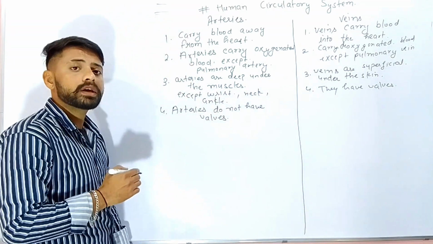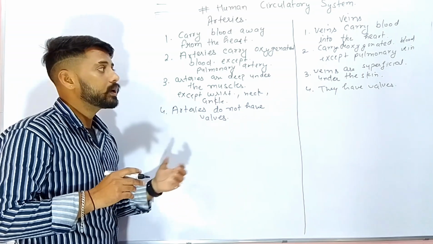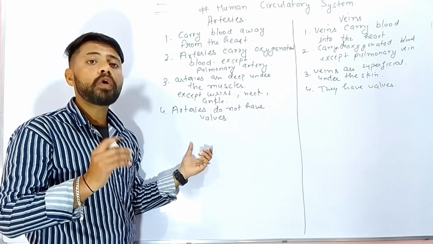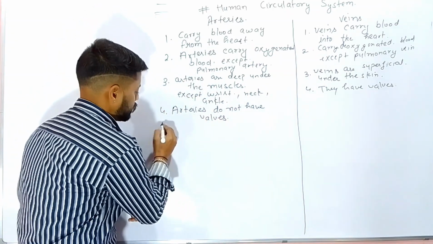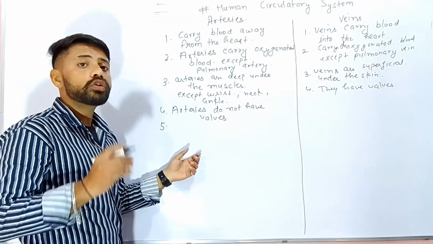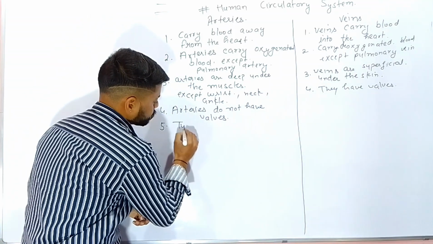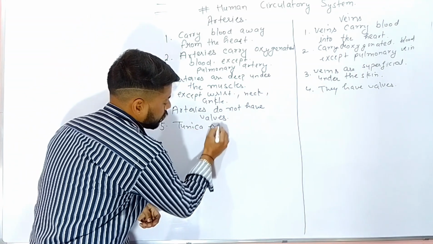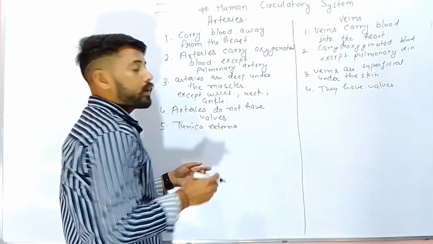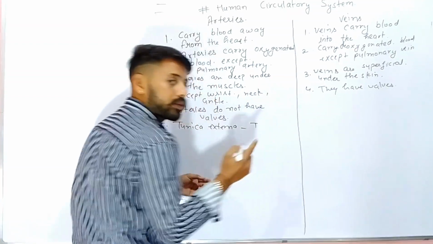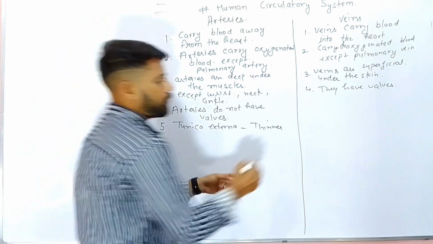The next comparison is on the basis of histological features. The outermost layer in the structure of an artery is the tunica externa, and we have seen that the tunica externa is thinner in the artery, whereas thicker in the vein.